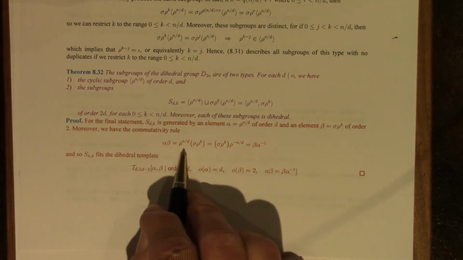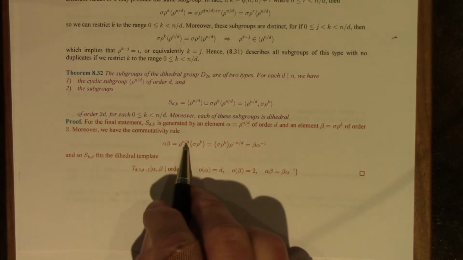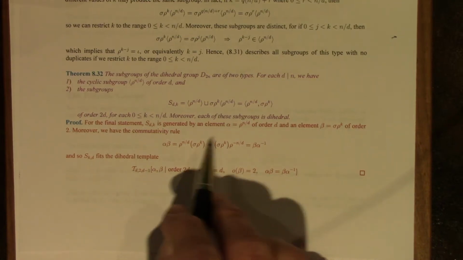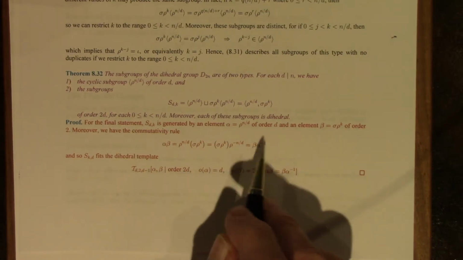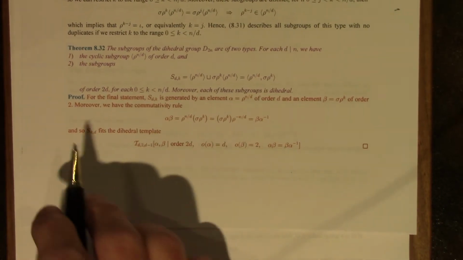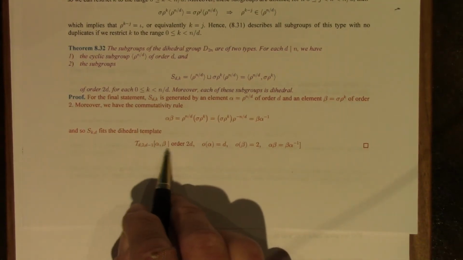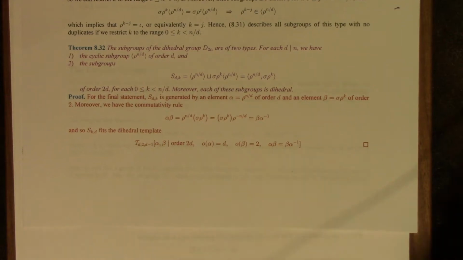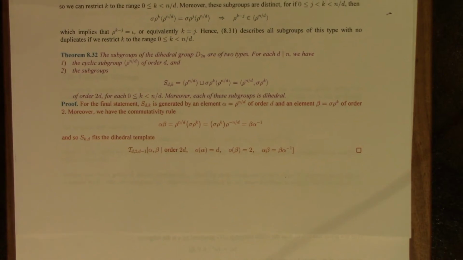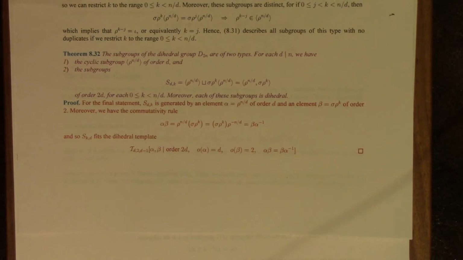I want to move rho to the n over d across the sigma, and it becomes rho to the negative n over d. And I can then push that past the rho to the k, so I write it this way, which is beta alpha inverse. So this subgroup fits this standard template, and that is the dihedral template. So each of these subgroups is in fact a dihedral group in its own right.